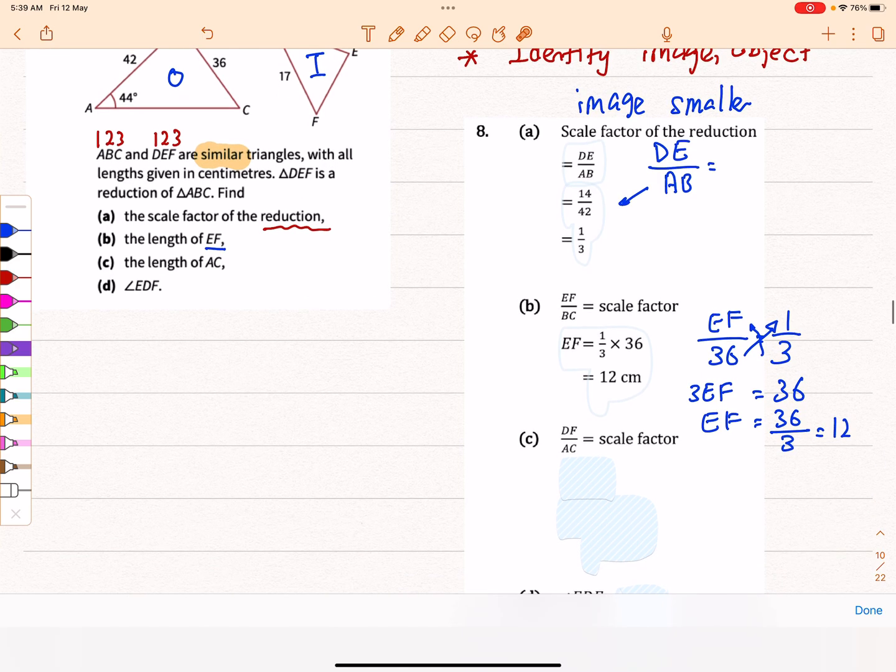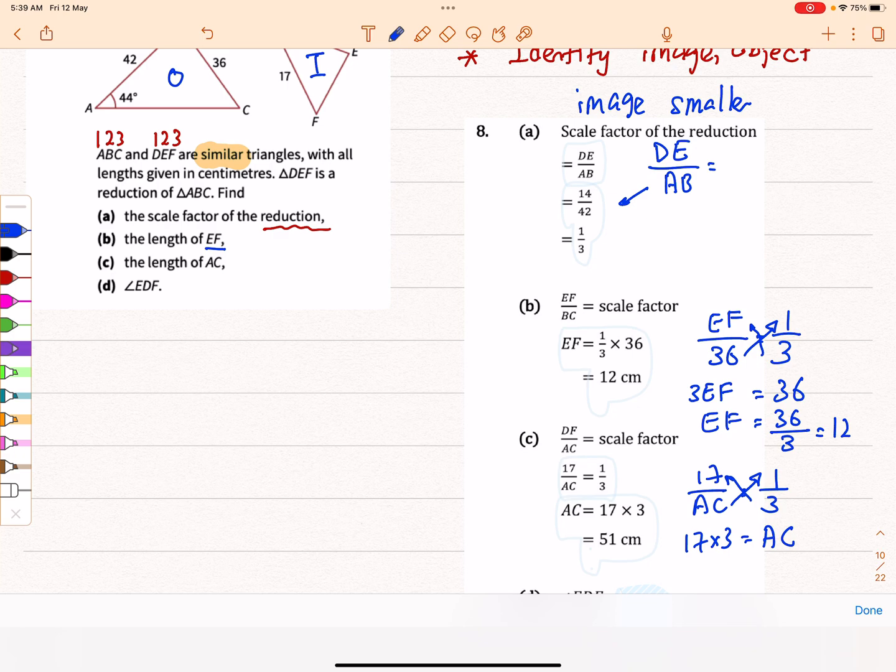Yeah. So writing down, I know that 17 is over AC, right? So I cross multiply, I will get AC. I cross multiply, I will get 17 times 3. So check your answer, it is 51.